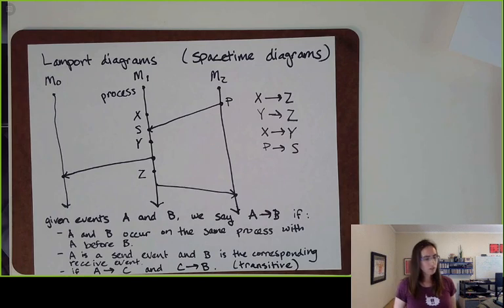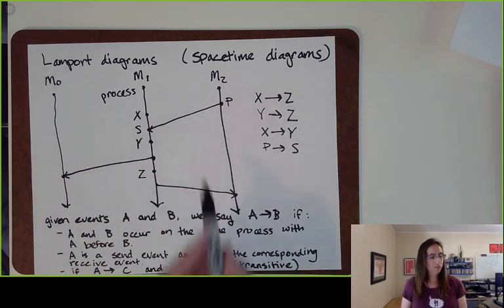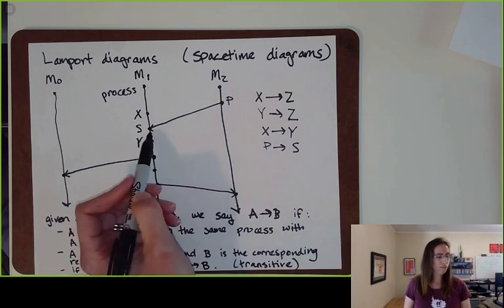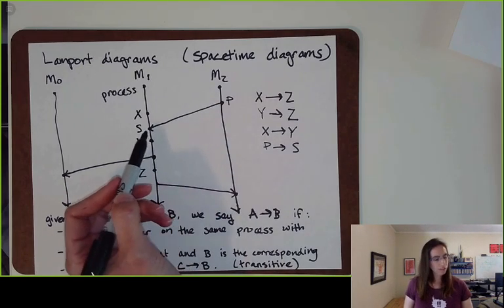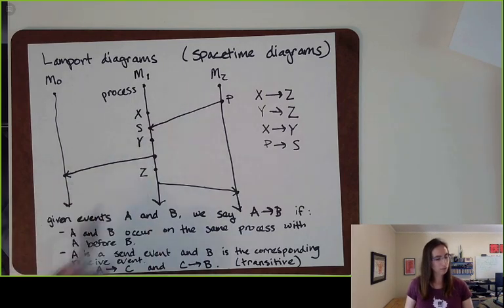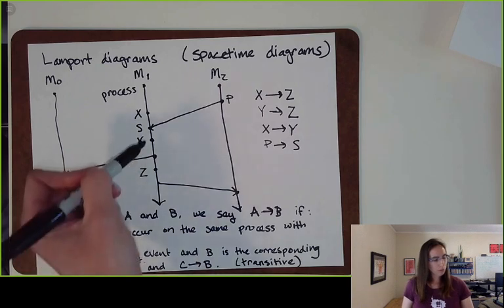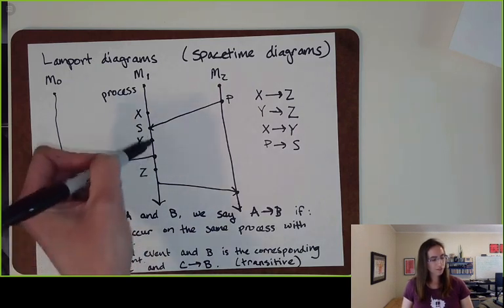What that means is that I can put together these first two parts of the definition. So for example, we know that P happens before S because P is a message send and S is the corresponding receive. We know that S happens before Y because they're on the same process line here with S first. We know that Y happens before Z because, again, they're on the same process line.